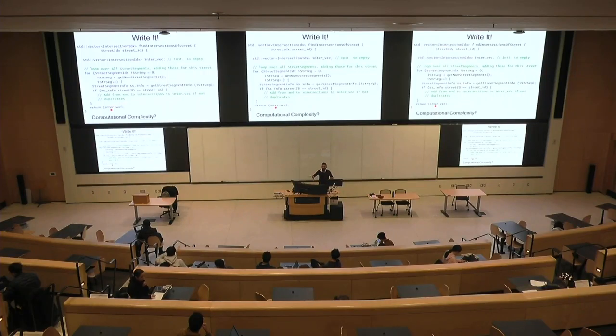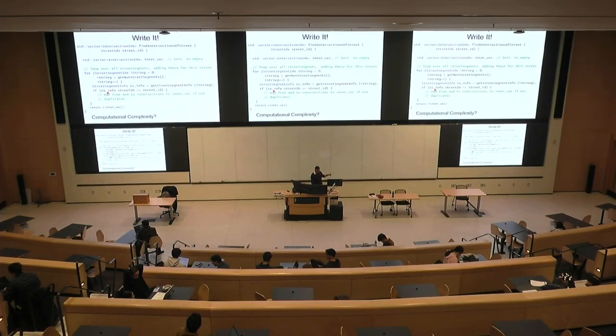Now we need to populate it, or fill it up with data. So we loop over all of the street segments. For each street segment index, remember that the indices go from 0 to the number of street segments minus 1 in the city. We loop over them one by one. We get the info associated with that street segment.